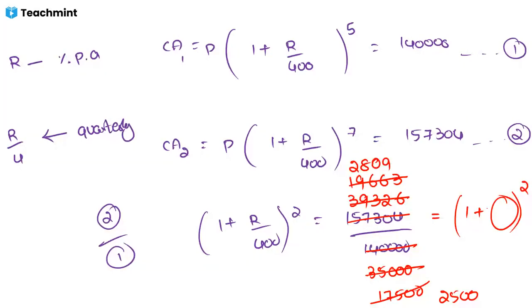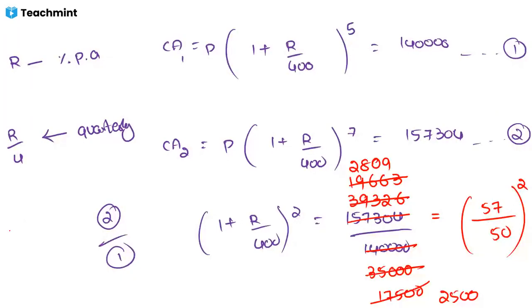2809, denominator 2500. 2500 is nothing but 50 square. Okay, this one, 2809. Which one square is it? 57 square you calculate, it will come in that, right? Now we can write this as 1 plus 7 by 50.